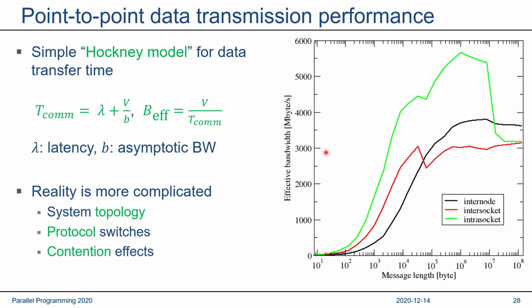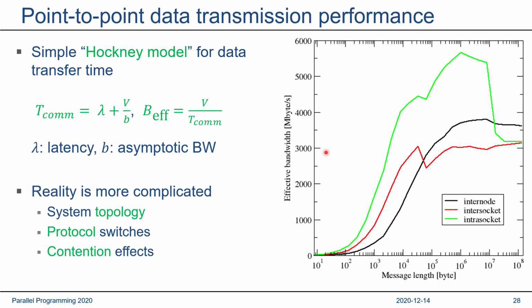And it's a simple system topology compared to what is modern today. But still, we have sockets and ccNUMA domains and nodes with 2 sockets. Each socket has 10 cores. So there is some substructure. And if we're talking about 2 processes sending a message to each other, then we have 3 possible mutual locations that these 2 processes can take.